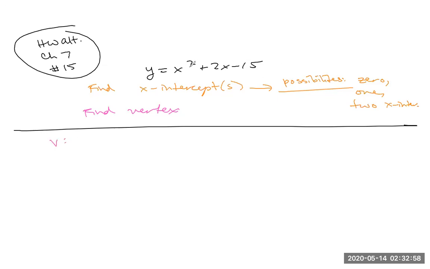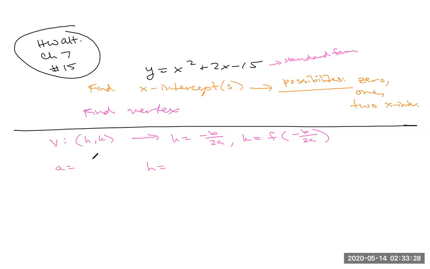You have a standard form here, right? So what I would suggest, just use the vertex at (h, k), but don't complete the square unless that's most comfortable for you. Instead, h is located at negative b over 2a, and k is located at your function value at negative b over 2a. So we're going to start by finding h.